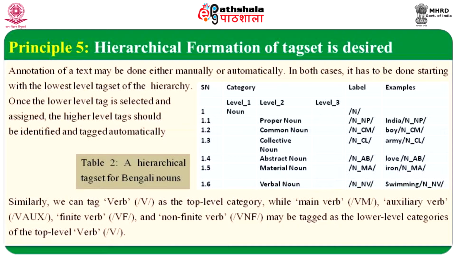Once the lower level tag is selected and assigned, the higher level tag should be identified and tagged automatically, as you can see on the screen. So the lower level tag says verbal noun, material noun, etc. Looking at them, we know that the higher level tag set is noun.